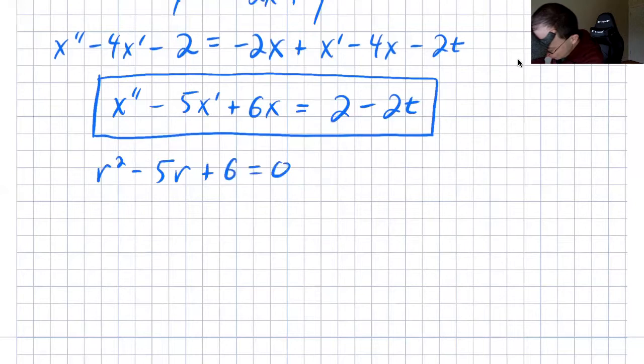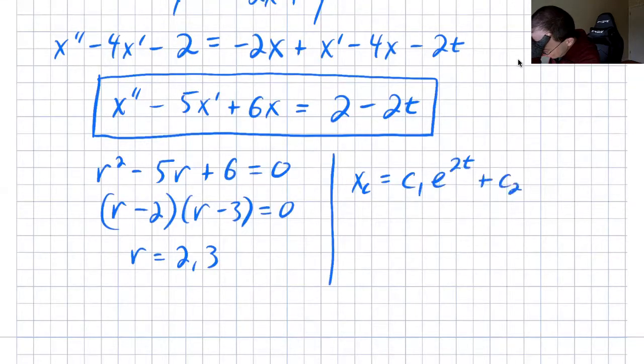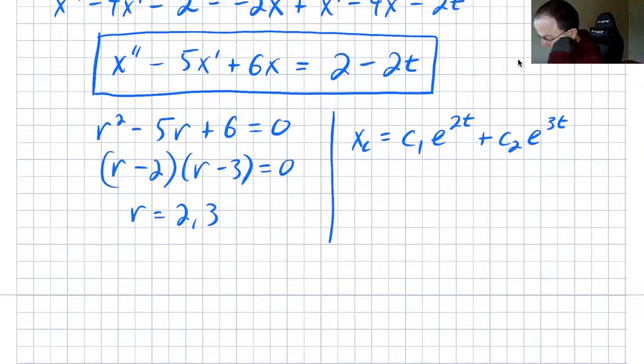There's the characteristic equation, and we factor it. We get r minus 2 times r minus 3. And so r is equal to 2, 3. And that gives us our complementary solution, which is c1 e to the 2t plus c2 e to the 3t.